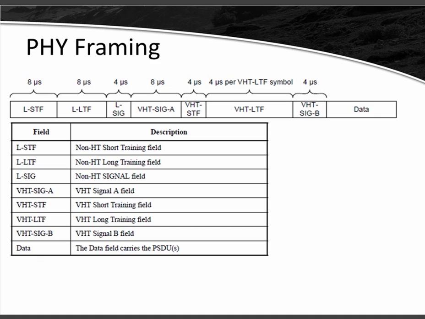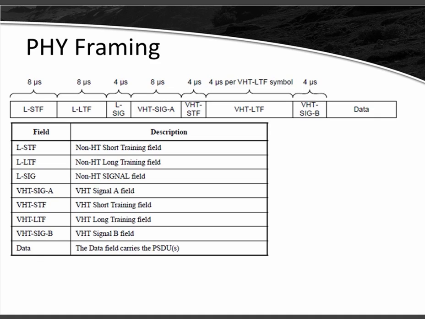And it says the data field carries the PSDU. Well, the PSDU is the PHY service data unit. Now, you've heard something similar to that already today. You heard about the MAC service data unit, right? Well, the PHY service data unit is the MPDU that is received from the MAC layer for processing by the physical layer.